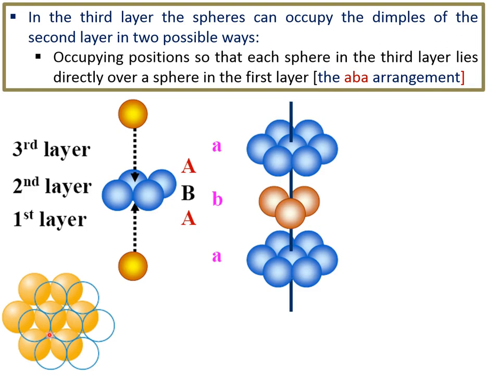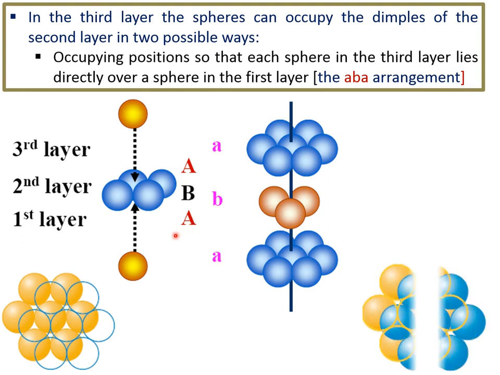Okay, so the layers will be located as ABA, which means that the atoms in the third layer are exactly above the atoms in the first layer. Okay, so you put them in the same voids in the first layer and in the third layer. And this structure is actually called hexagonal close packing.